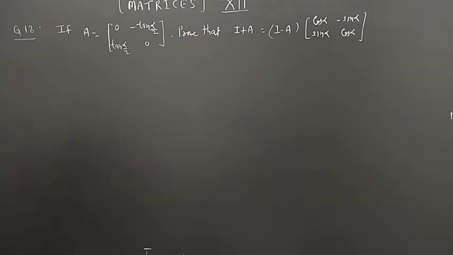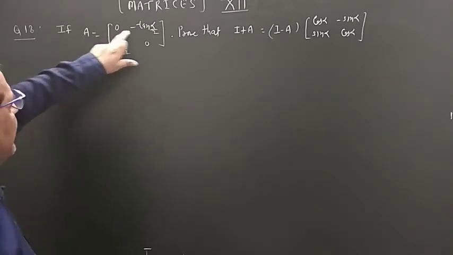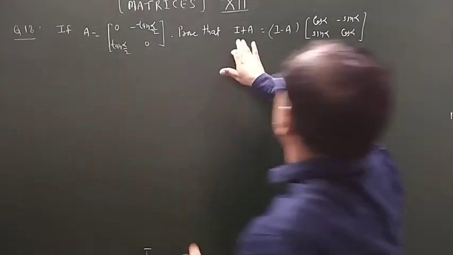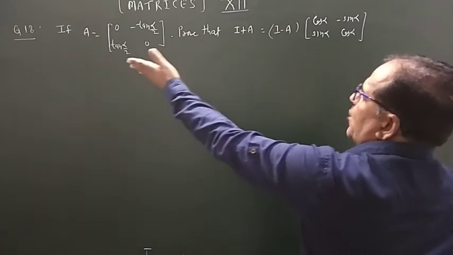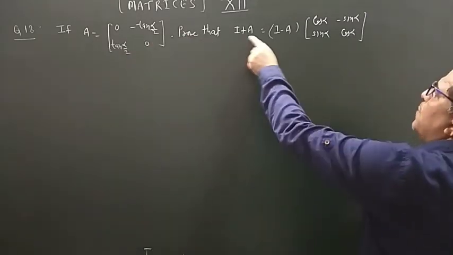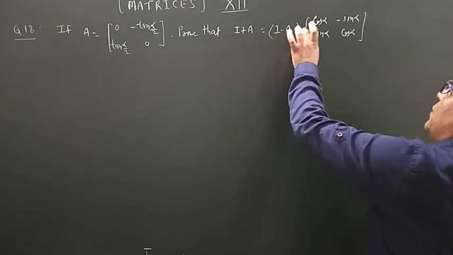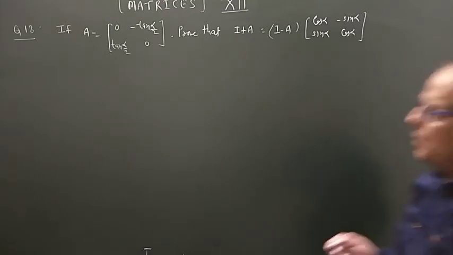Now one more question from the NCERT exercise. If matrix A is given as 0 minus tan alpha by 2, tan alpha by 2 0, then prove that I plus A, where I is the identity matrix of order 2 according to matrix A, equals I minus A into the matrix cos alpha minus sin alpha, sin alpha cos alpha.